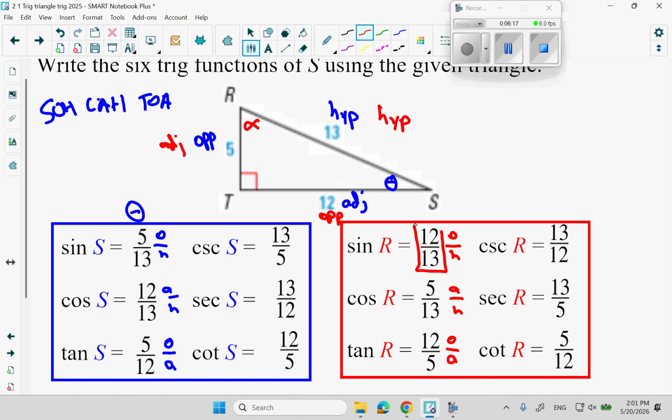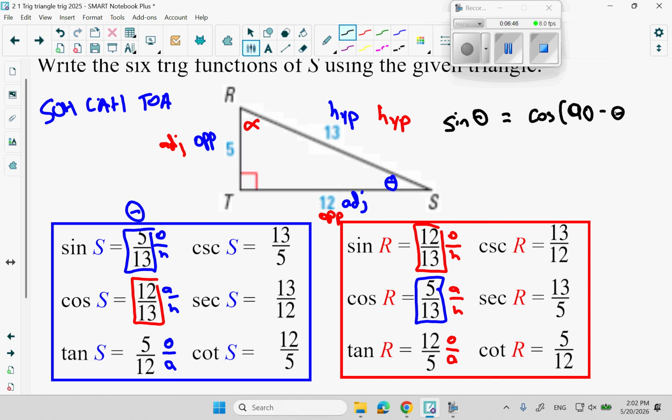You'll notice that this 12/13 actually exists in the other set, whereas this 5/13 also exists over here. Because of how the sides work and the angles, we find this little fun fact that sine of theta equals cosine of 90 degrees minus theta. All that really means is if you flip angles, your sine and cosine swap.